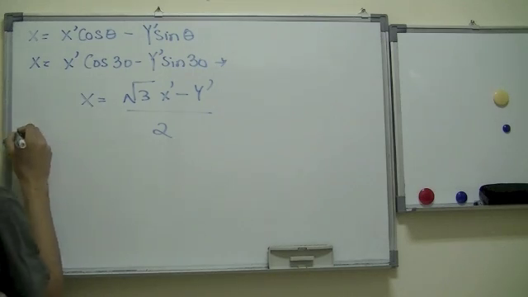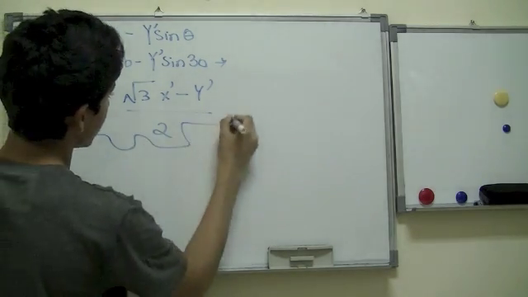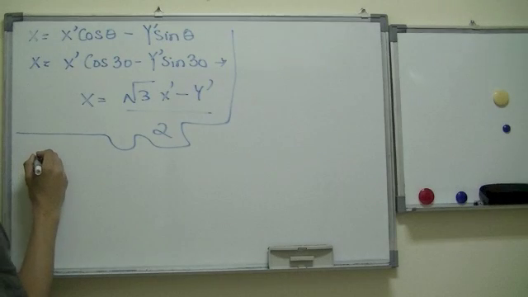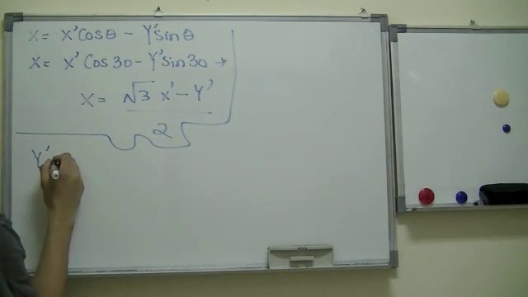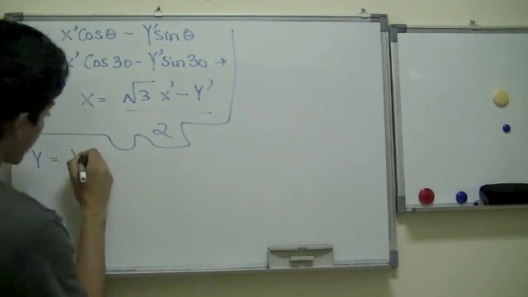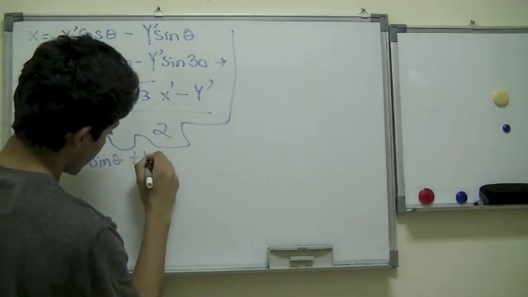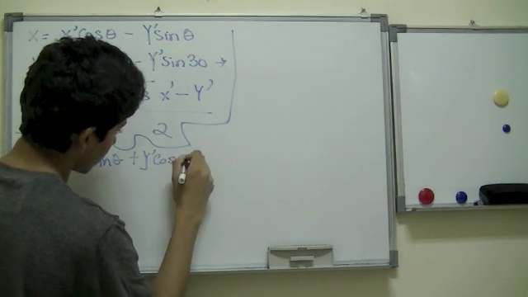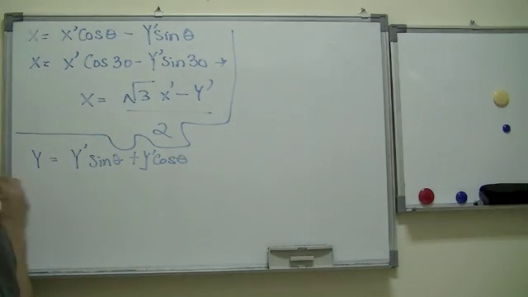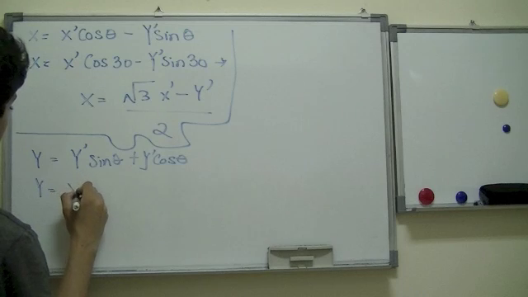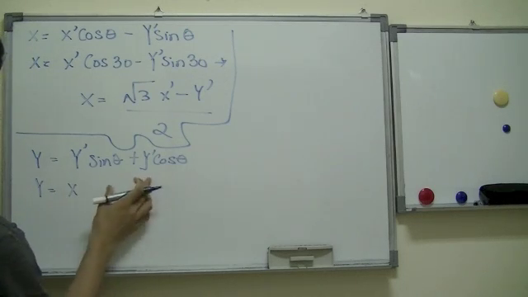Okay, so if you wanted to solve for y, you would go like this. The formula for y is x prime sine of theta plus y prime cosine of theta, right?